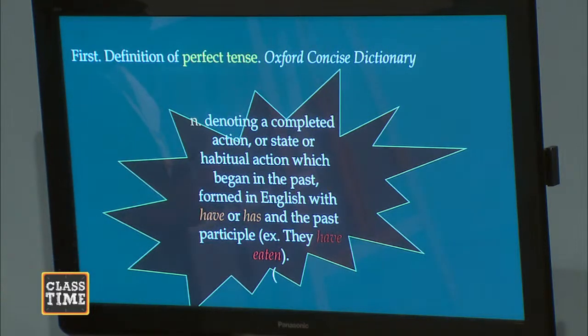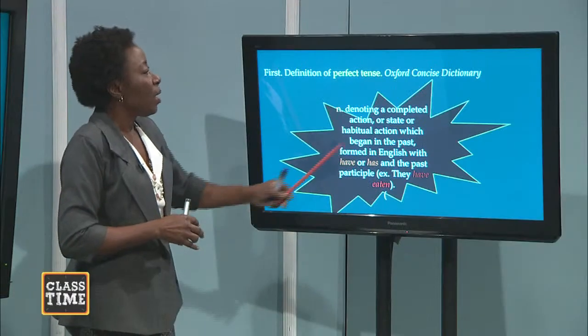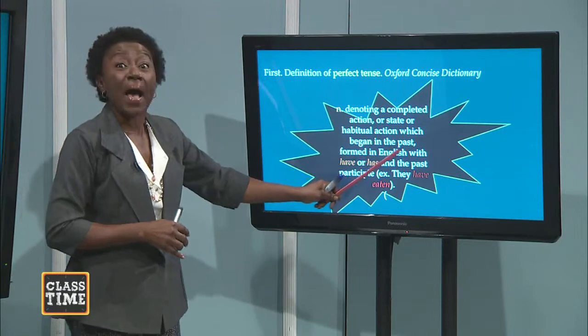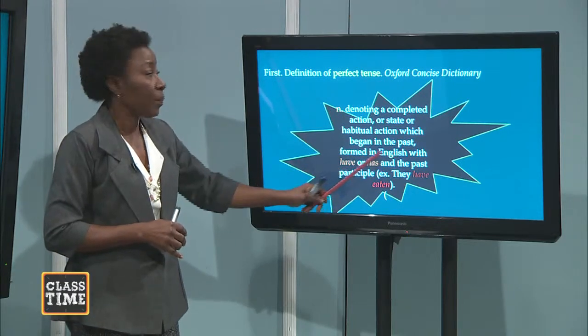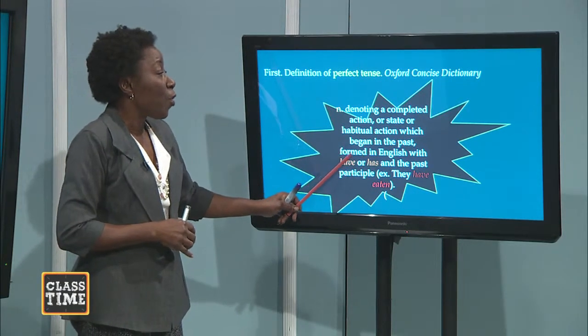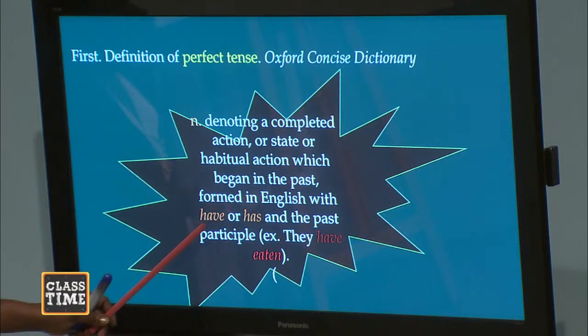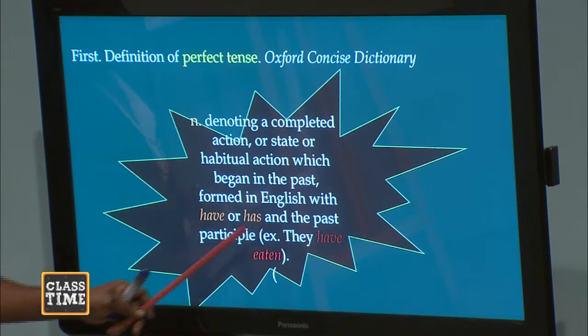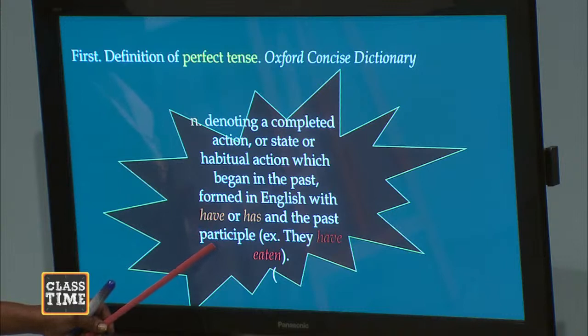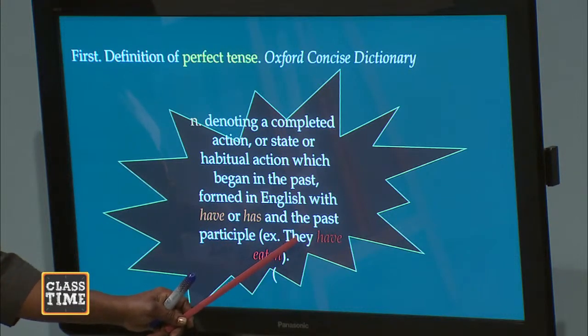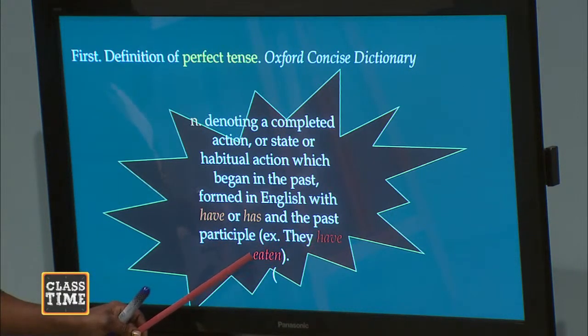What is a habitual action? Something that you keep doing, which began in the past, formed in English with have or has and the past participle, such as they have eaten.